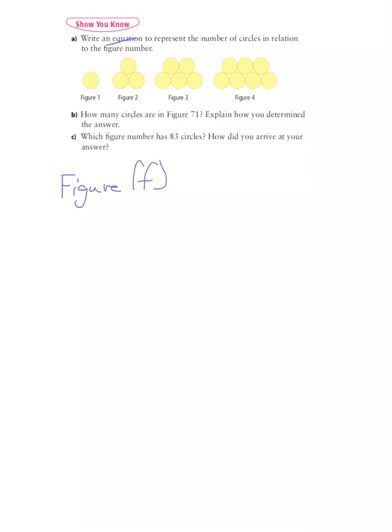and we can use f again, versus number of circles. And you can use n for number, or you can use C for circles, something that makes sense to you, that you'll remember what you did.